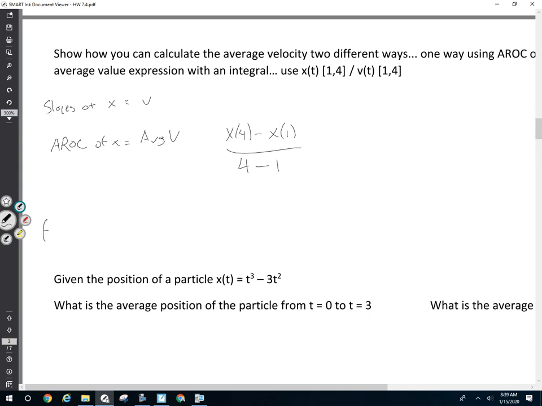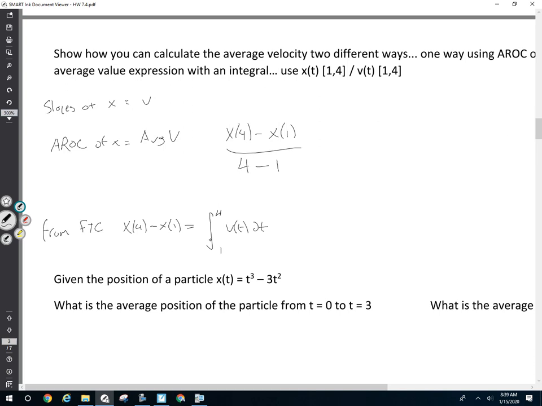You know from the fundamental theorem of calculus that x of 4 minus x of 1 is an ending position minus a starting position, that's a displacement. You know that that is equivalent to the integral of velocity, the area under your velocity.